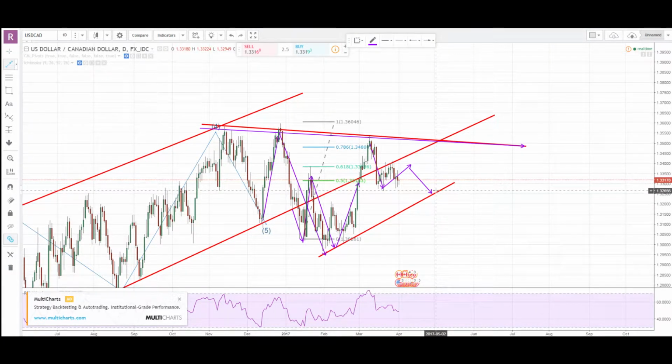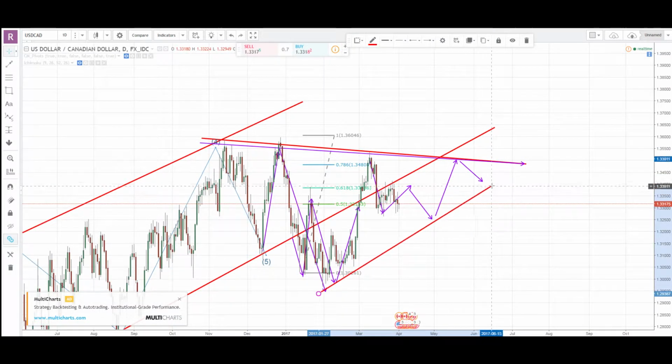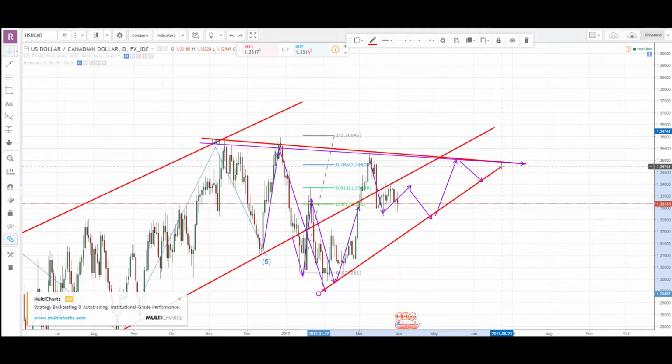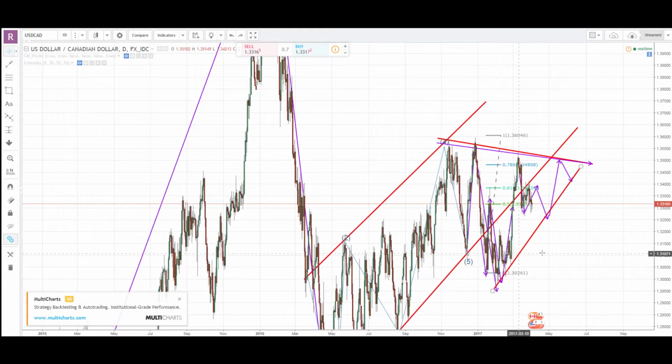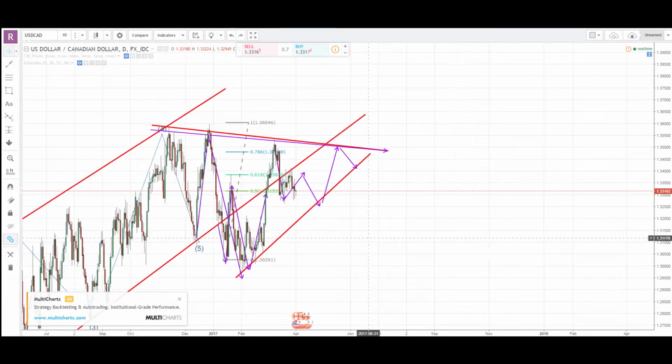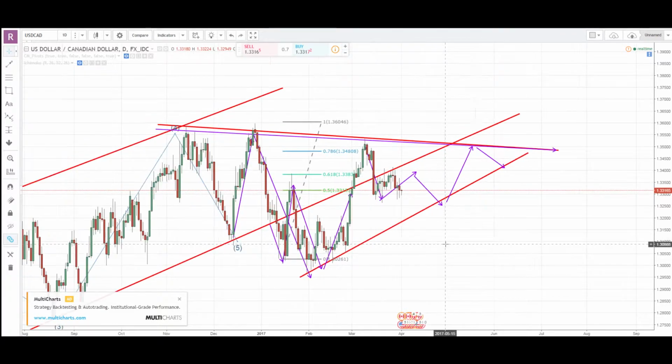Maybe later in the days it will go higher to retest it and keep going down. I think it will create something like this. Later in the days we'll create a triangle, an ascending triangle.